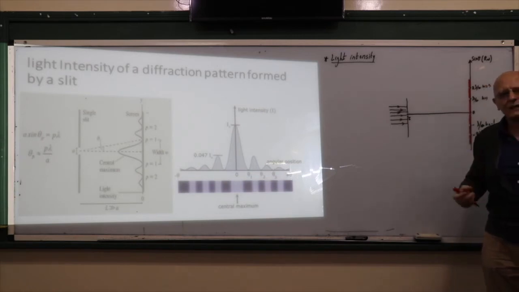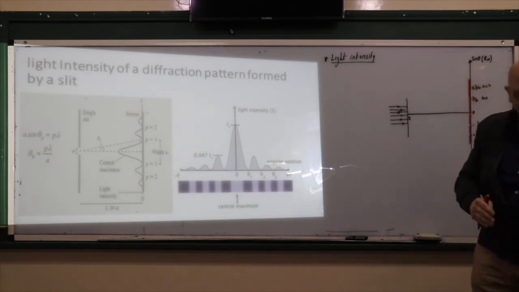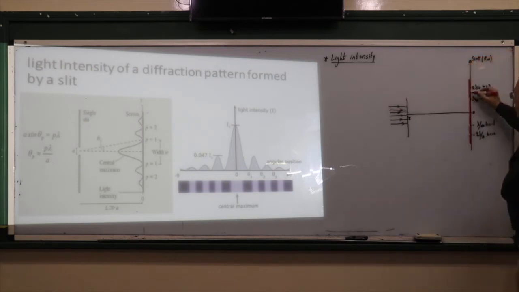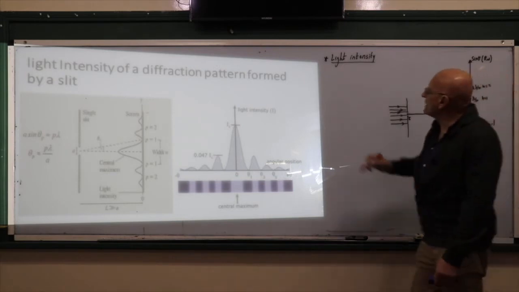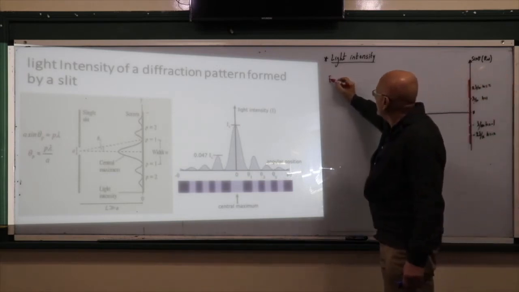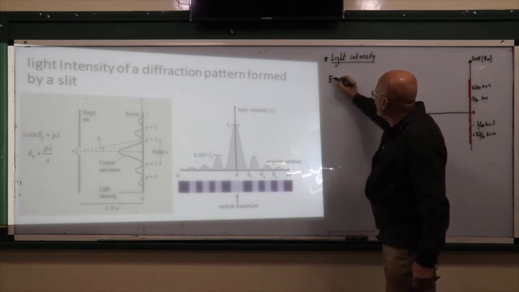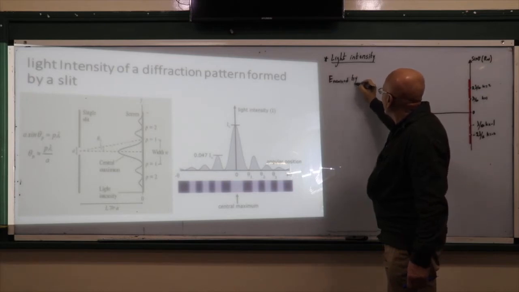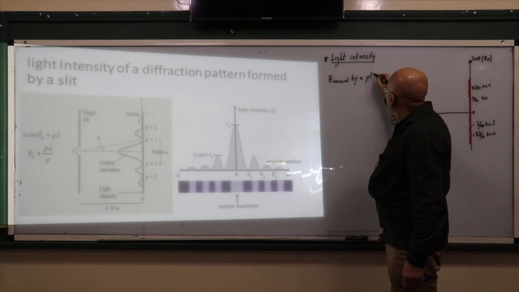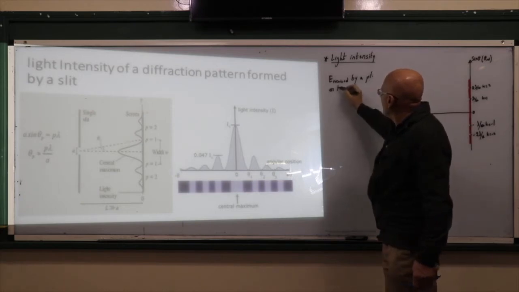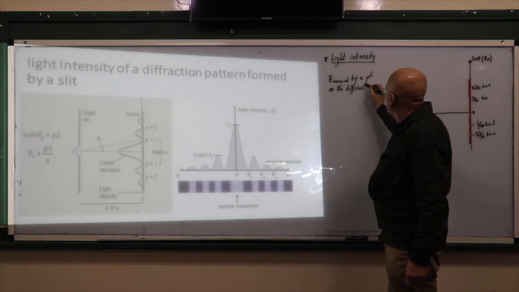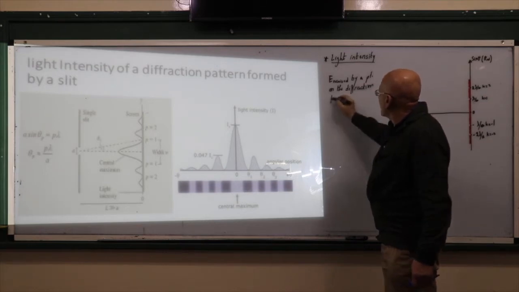As you know, light is a wave, and a wave carries energy. So at each point, there is energy received. I am going to write it as energy received by a point on the diffraction pattern.